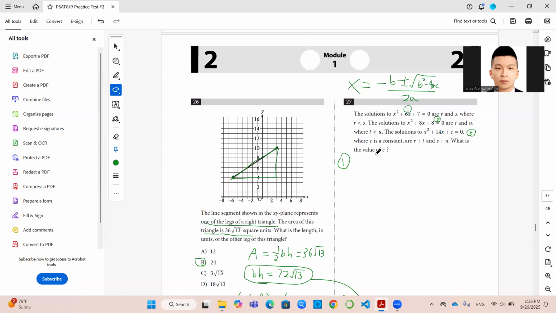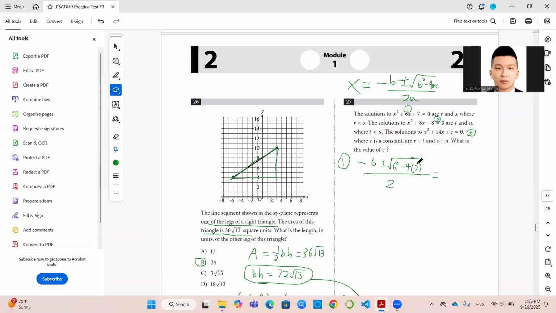So we know that this guy is equal to minus 6 plus or minus the square root of 6 squared minus 4 times 7, over 2.